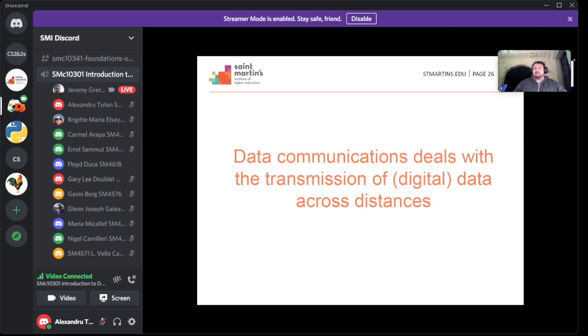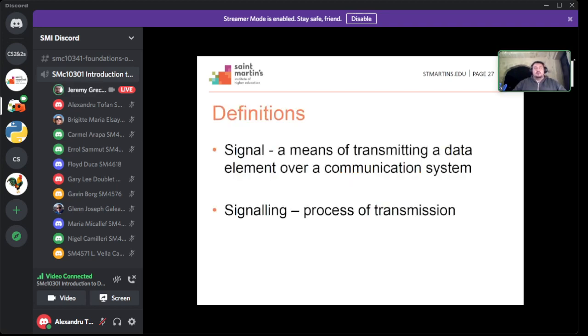So essentially, in order to be able to understand this, we also need to understand some other definitions, such as what is a signal. First and foremost, a signal is literally the transmission of data over some form of communication system.